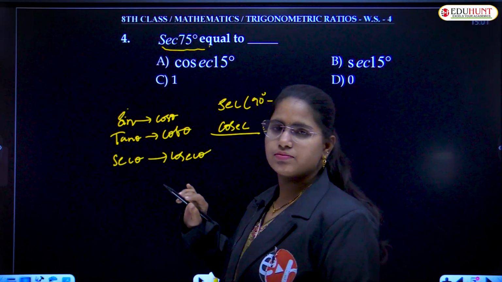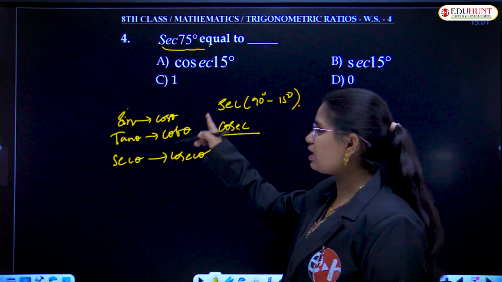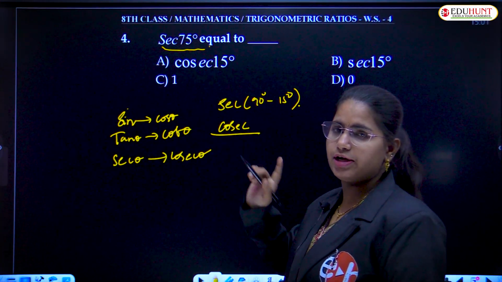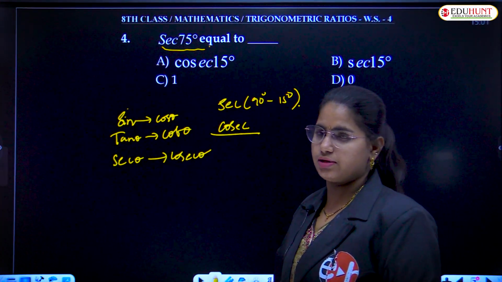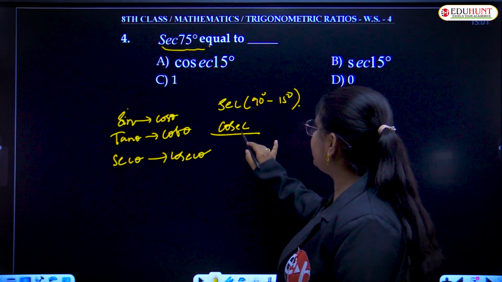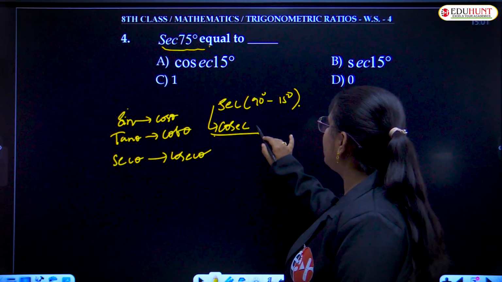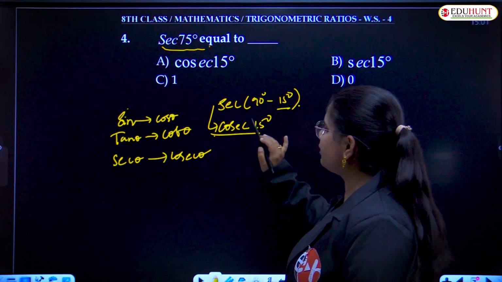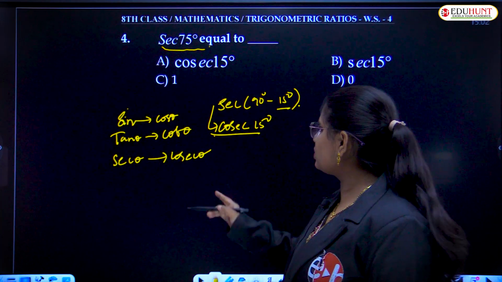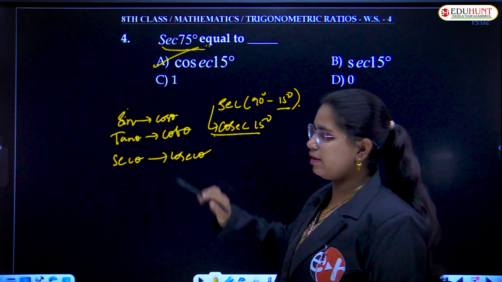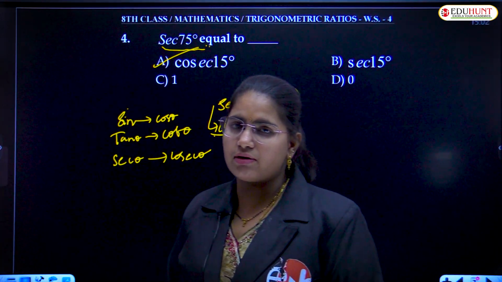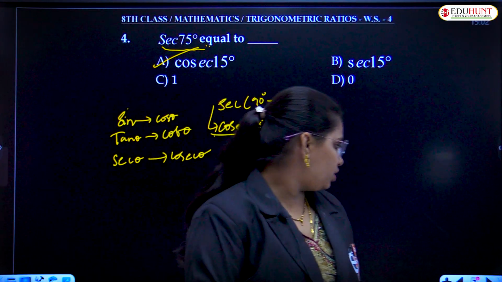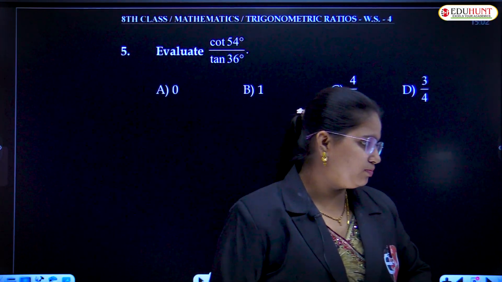I already explained how this changes in the previous classes, please watch through that. So secant changes to cosecant, and theta is 15 degree, so it is cosecant 15, which is answer A. Am I clear with this? Good. We'll get back to the next one.